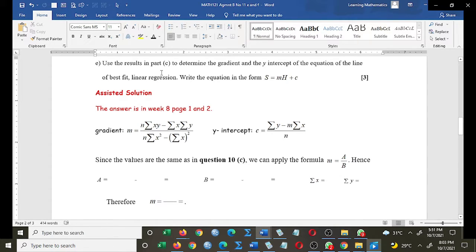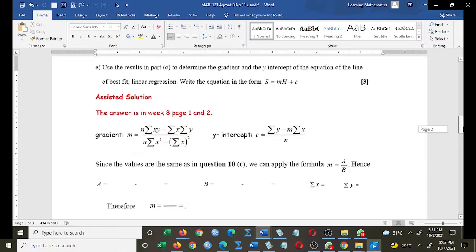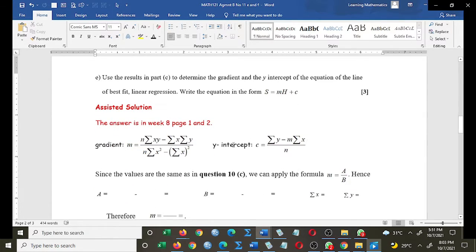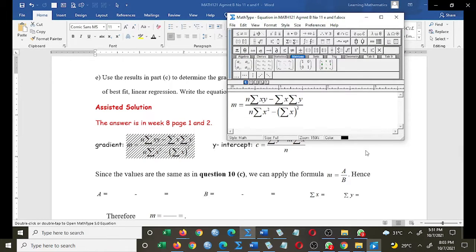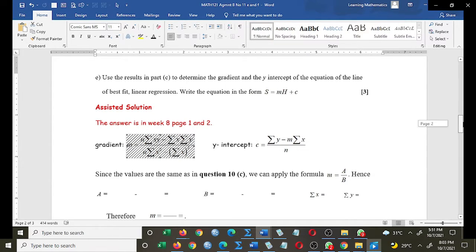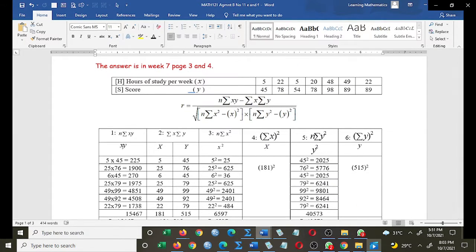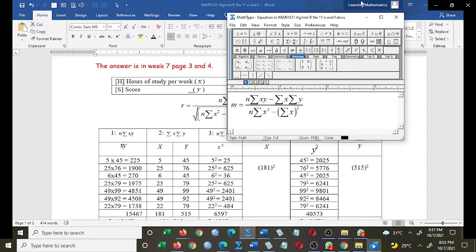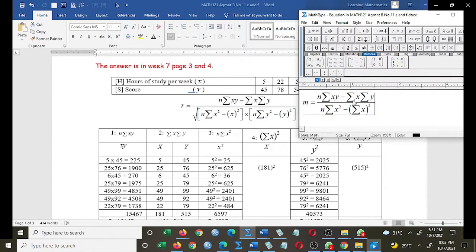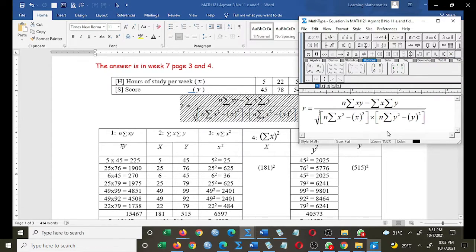Why does it say use the result in part C? Because if you look at the formula for, let's put them side by side. If you look at the formula for y-intercept, you will notice some similarities with the formula for gradient. You will notice that the numerator is exactly the same, and part of the denominator, this is missing a sum right there.